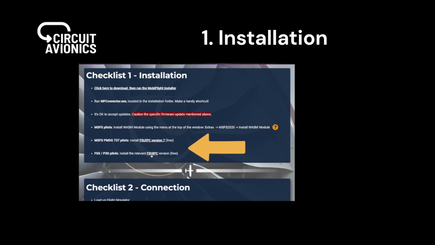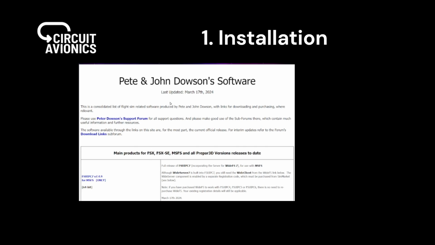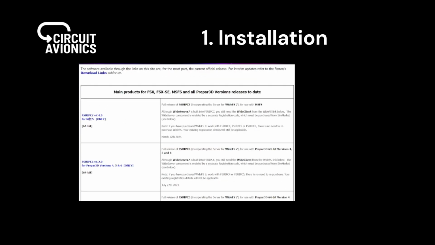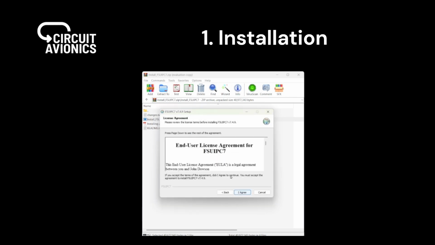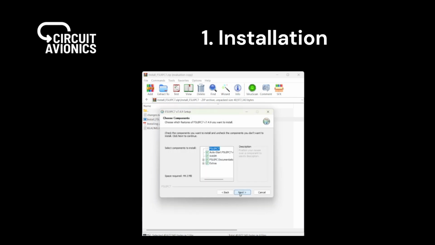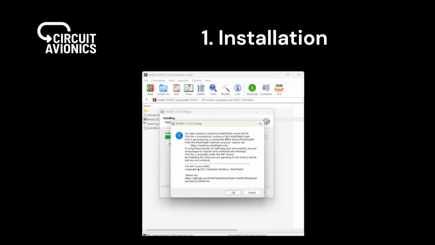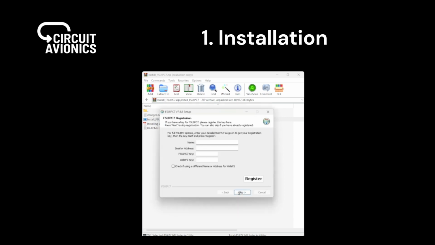On the FSUIPC website, download the version that's relevant to your simulator. Installation is straightforward. At the registration window, click Skip.